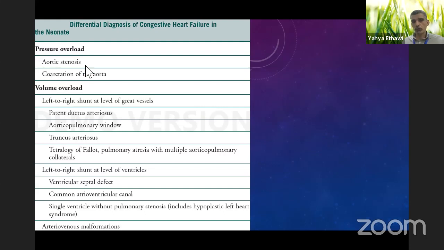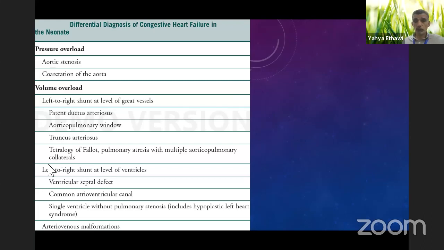Pressure overload is either aortic stenosis or coarctation of the aorta. Volume overload means you have a left to right shunt in the heart. It can be through a PDA, an aortopulmonary window, truncus, or tetralogy, especially if you have pulmonary atresia with multiple aortopulmonary collaterals, because without them, it's usually protected and heart failure won't develop.